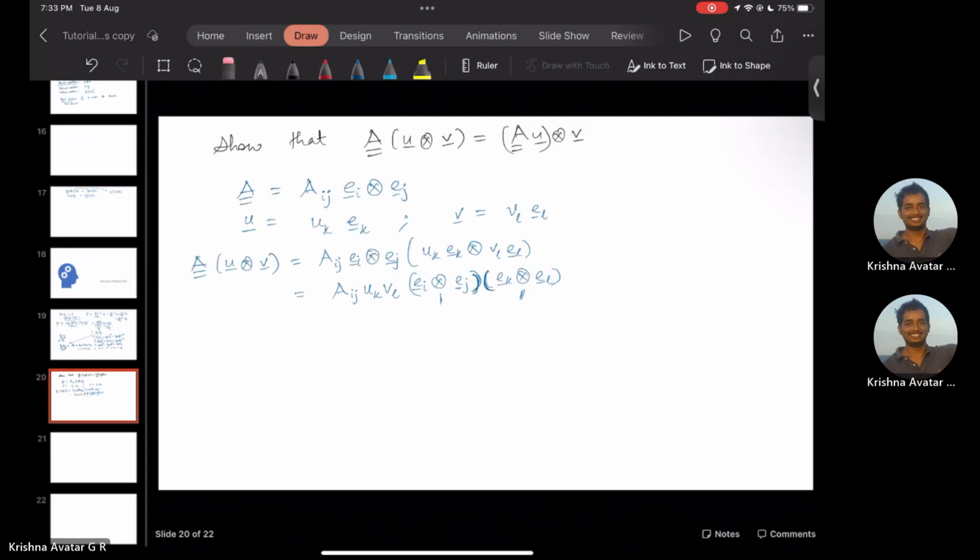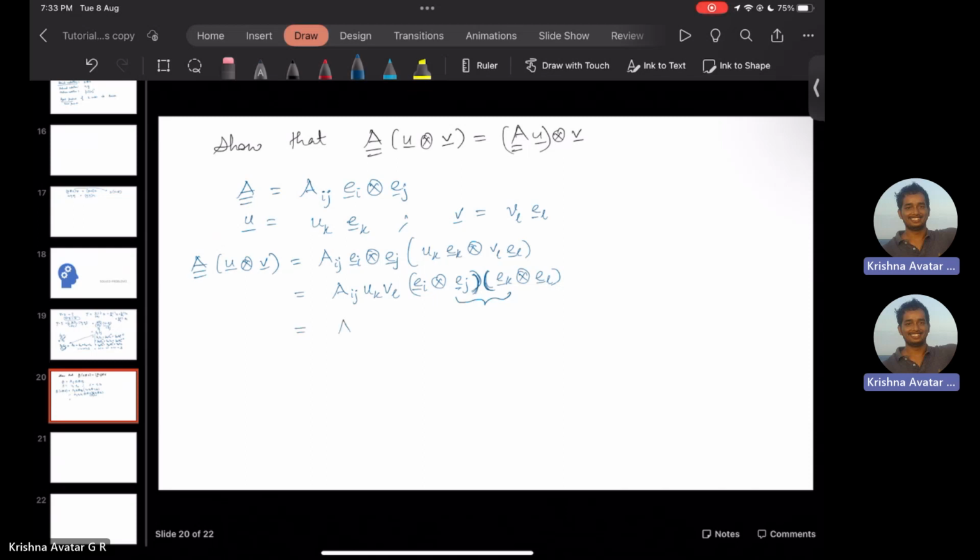Likewise here, the dyad ei ⊗ ej is acting on ek ⊗ el, right? So these two terms just convert into a dot product. That's what I'm trying to say here.